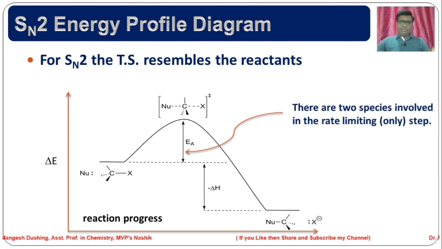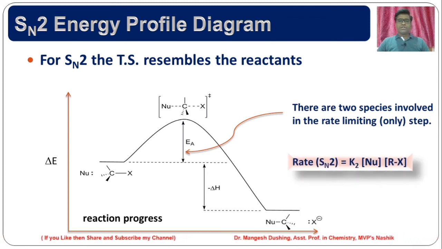In this case, two species are involved in the reaction. That is why the rate of reaction is equal to k2 times the concentration of nucleophile times the concentration of alkyl halide.